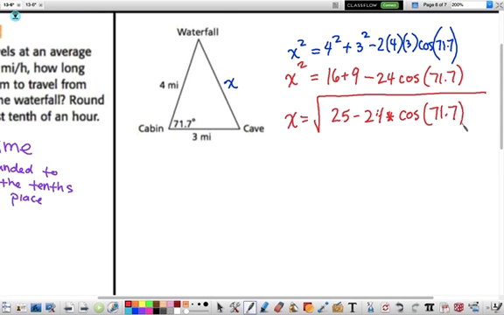And if I put that into my calculator, I'll have the right answer for x. So what do you get?